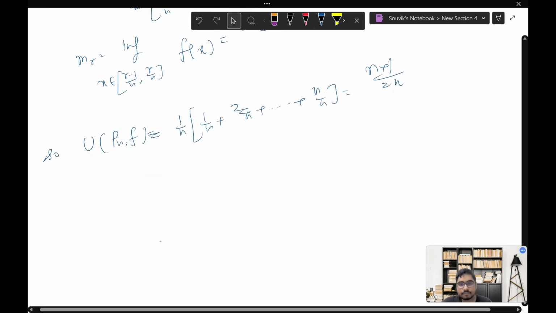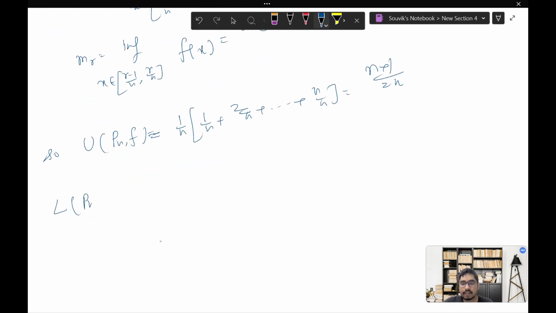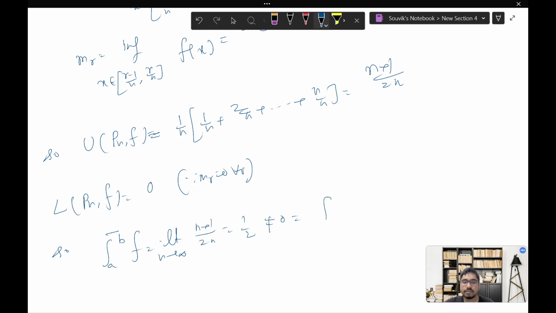And what will be L(Pn, f)? L(Pn, f) will be 0 since m_r is equal to 0 for all r. So the upper integral of f is equal to the limit of 1, which is 1, not equal to 0, which is the lower integral of f.